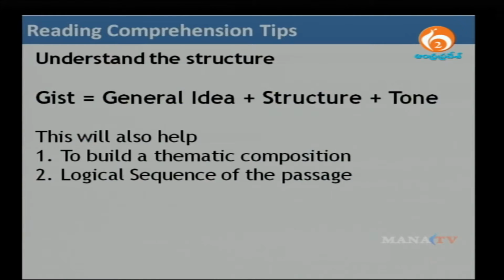Reading comprehension tips: understand the structure. First of all, you understood the subject, main idea, and tone. Then you need to understand the structure. Structure basically means the gist. What do we mean by gist? Gist is the general idea plus structure plus the tone.